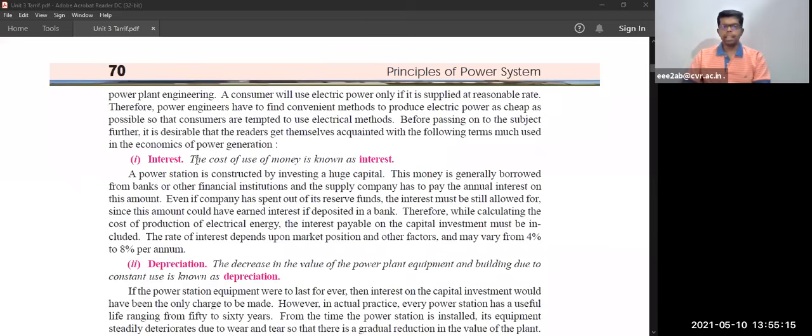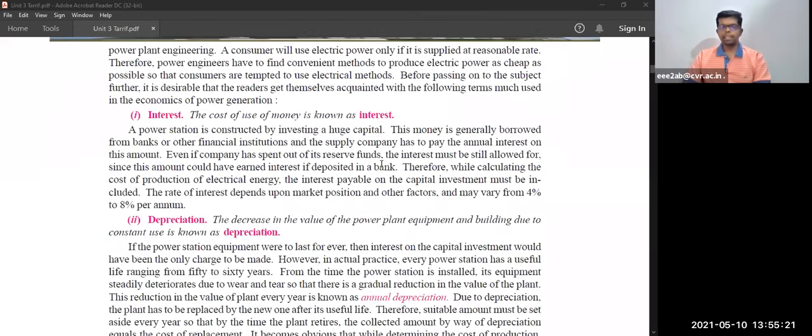That is very important. Then interest: the cost of use of money is known as interest. There is simple interest and compound interest. If you take compound interest, it keeps increasing like anything.